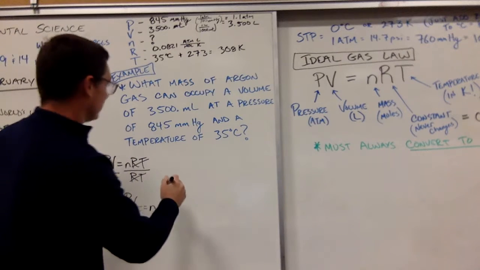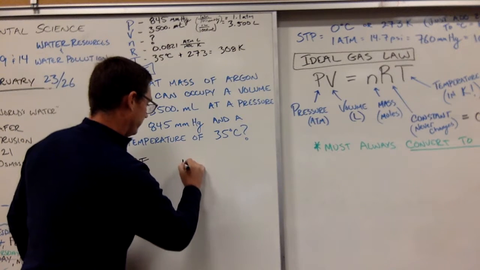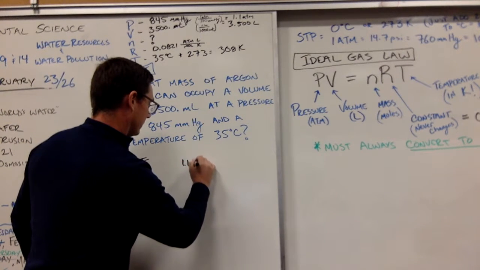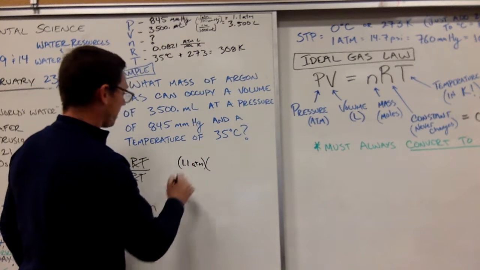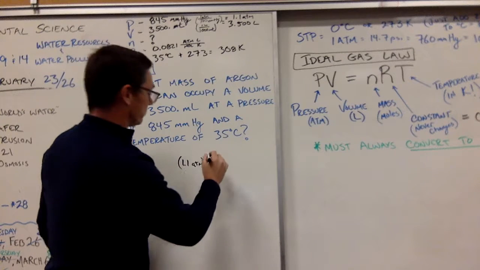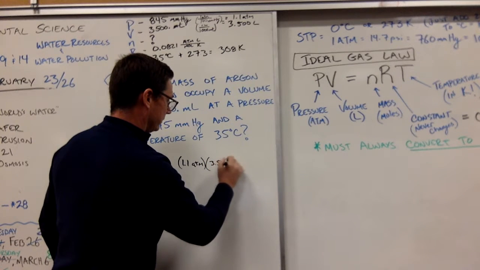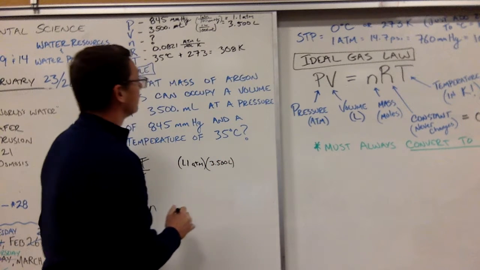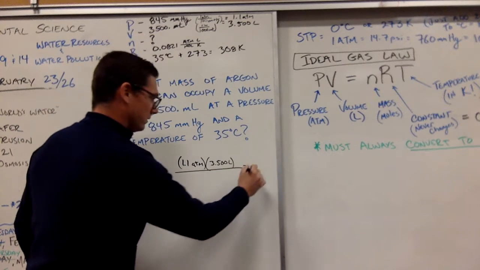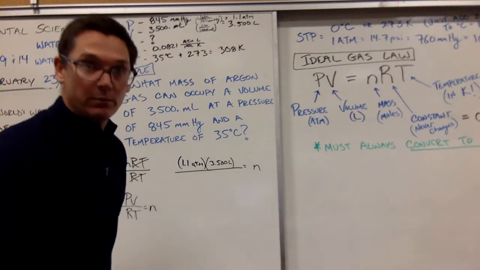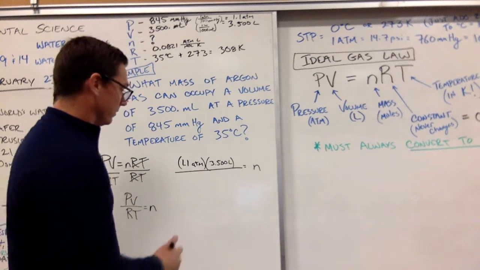So now we can plug it in. Okay, we know our pressure here is 1.1 atmospheres of pressure. Our volume is 3.500 liters. All right, and then that's going to be over, it's going to all equal the mass, right? And then it's going to be over RT.